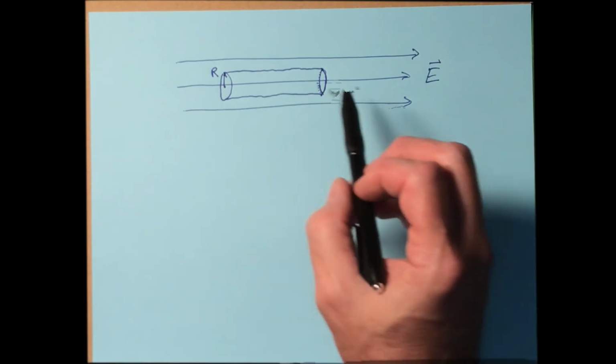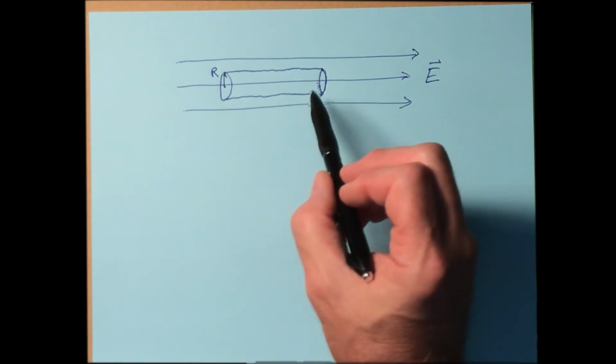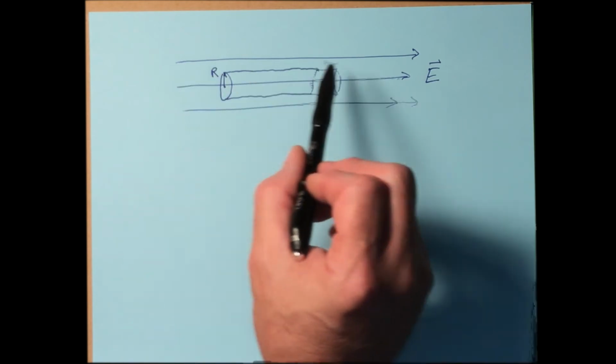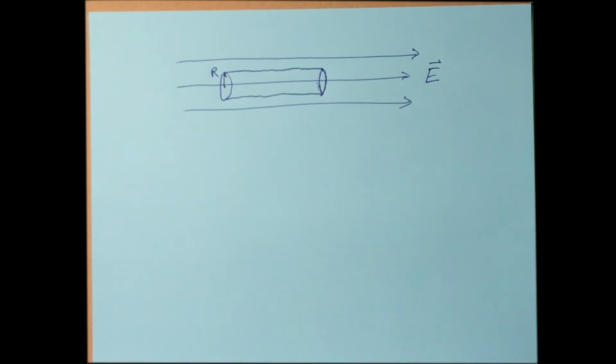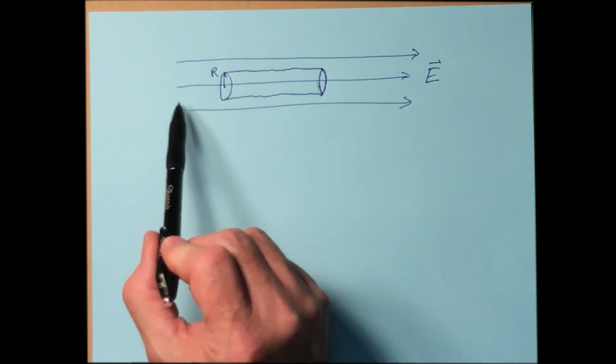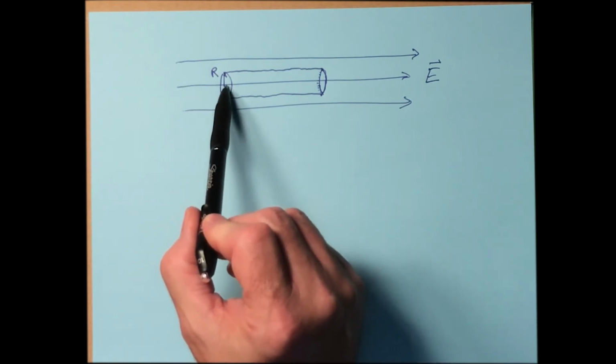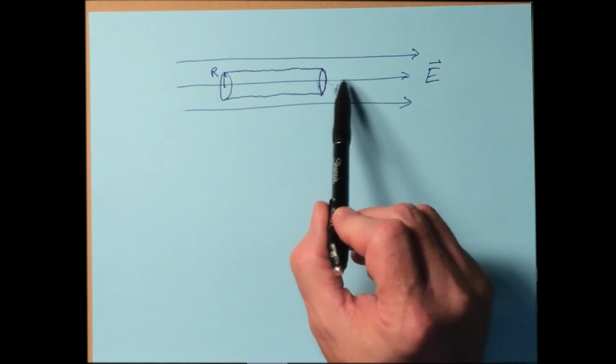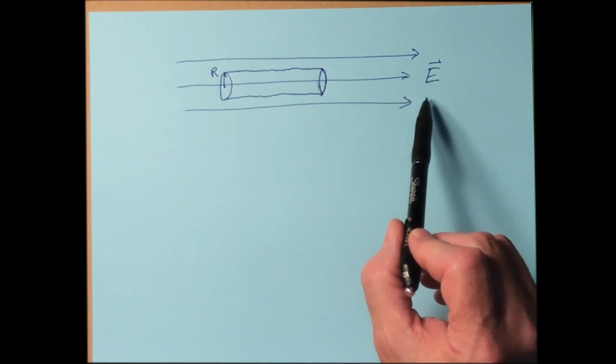Okay, if you look at this, there's no charge inside the cylinder, but there is an electric field that's passing through the cylinder. Now, if you had to estimate the flux, you can probably already guess what the value is. The amount of electric field going into the cylinder on one end is equal to the amount coming out on the other end.